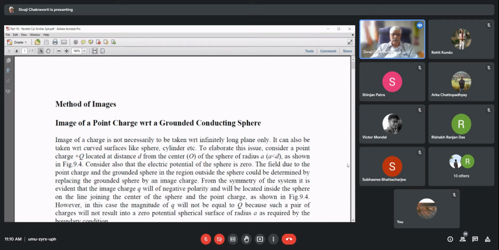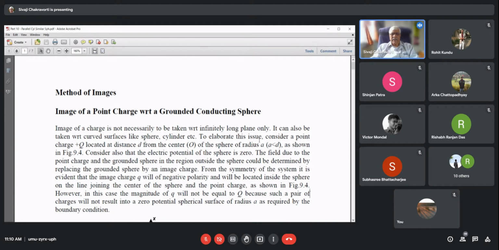This breakdown of air is a completely electronic phenomenon, and it happens within 1 microsecond. So this is an extremely good switch. Please remember this point, that typically we overlook it: sphere gap is not just for measurement, it is also a very good fast acting high voltage switch. You cannot get a better switch than this one.